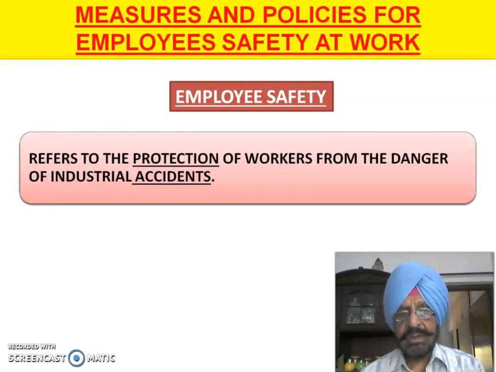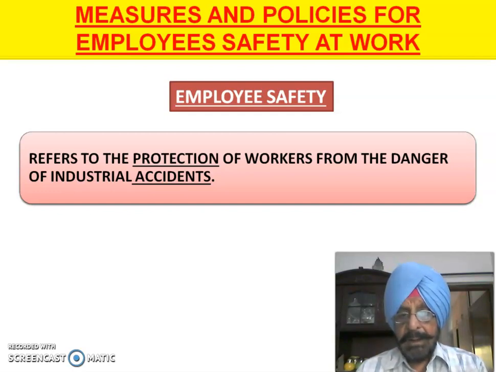Safety at work refers to the protection of workers from the danger of industrial accidents. It is said that all over the world a number of accidents take place, and as a result a number of employees lose their lives. So here the main emphasis is prevention, the protection of workers from the danger of industrial accidents.